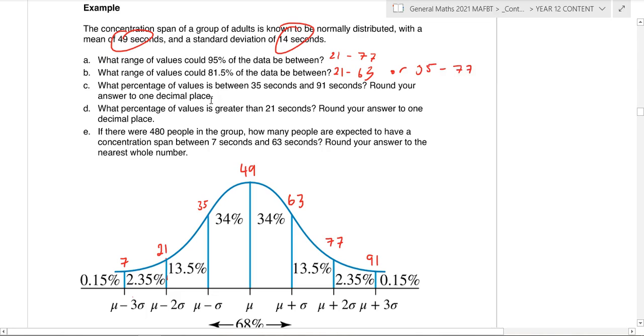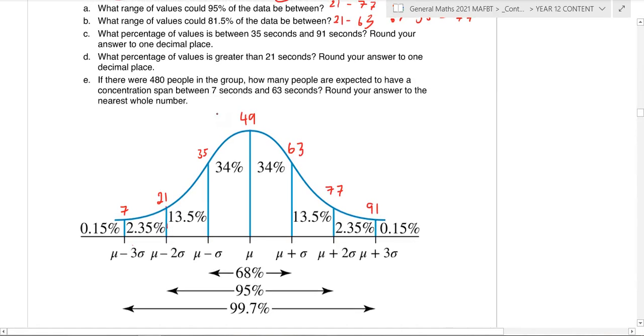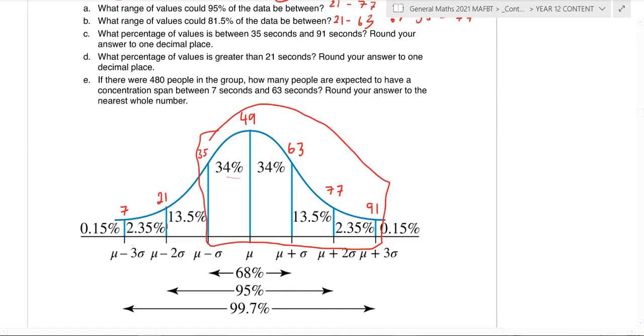Okay, what percentage of the values is between 35 and 91? Round your answer to one decimal place. So we're looking between 35 and 91, so you're looking at all of this. Between 35 and 91, we're going to add these decimals.